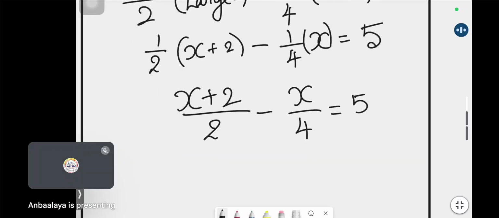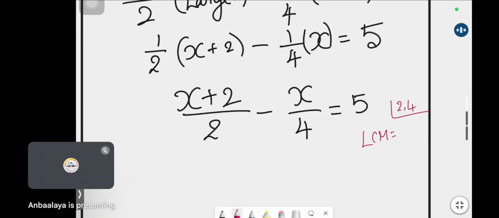Whenever we have a sum like this, what should we do? Denominators are not the same here, so we need to take the LCM of the denominators. What is the LCM of the denominators? 4. Very good.